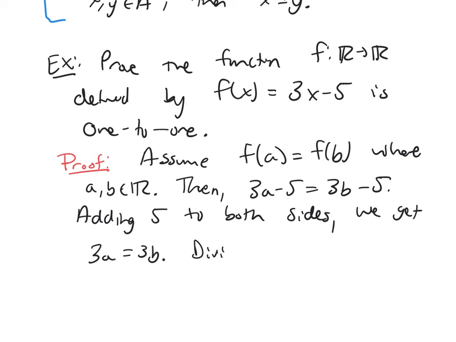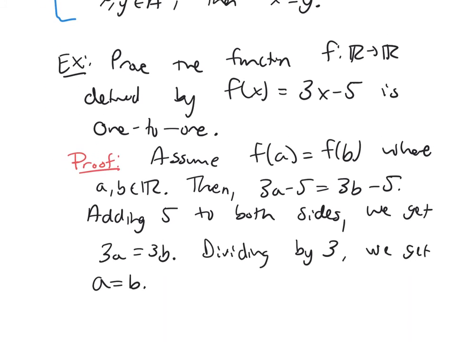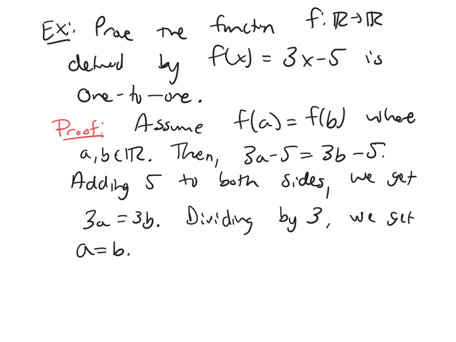So dividing by 3, we get a equals b. And that's what we needed to reach. If you look back at our definition, we needed to conclude that a was equal to b. Therefore, f is one-to-one. And that's the end of my proof.